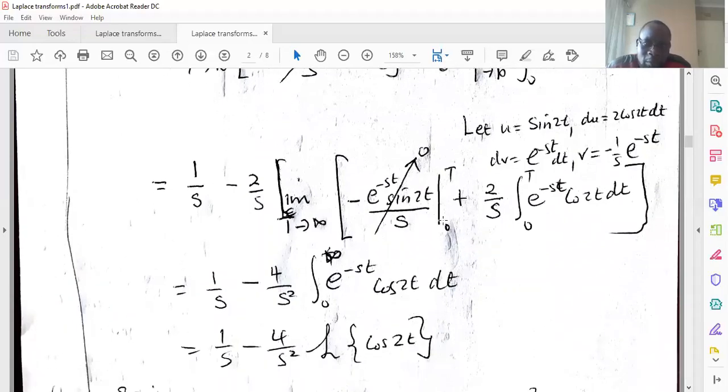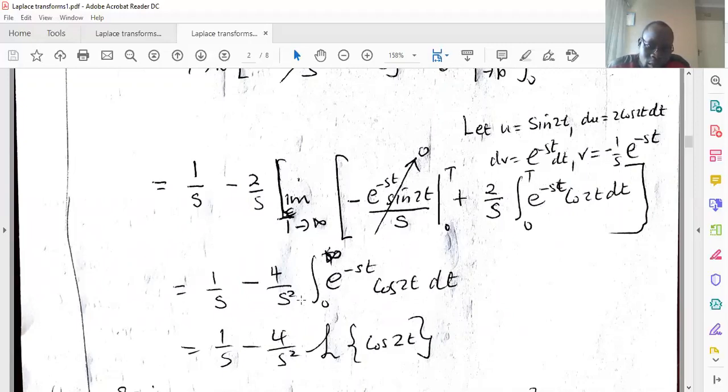So then we are left with minus 2 over s times 2 over s, which is minus 4 over s squared, times the limit as t approaches infinity of the integral from 0 to t of this integrand here. So we allow t to assume its extreme value, then it will just be from 0 to infinity and drop the limit. Then we have exactly what we have here.